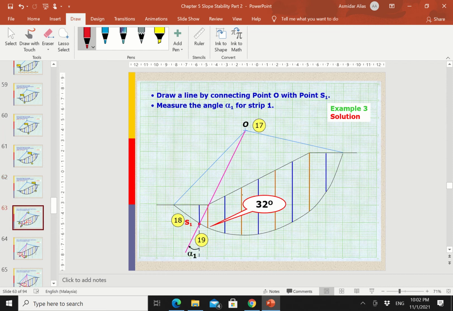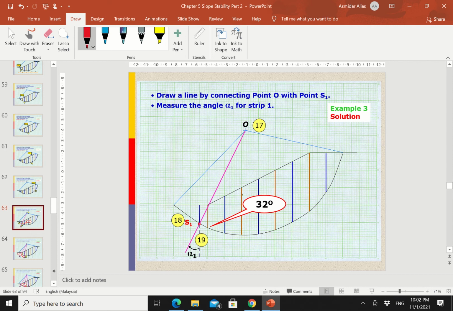Okay, why do we need that position? Because we want to calculate the value of alpha. Before this, you were measuring the distance d, but for this ordinary method of slices, we need to find the value of alpha.